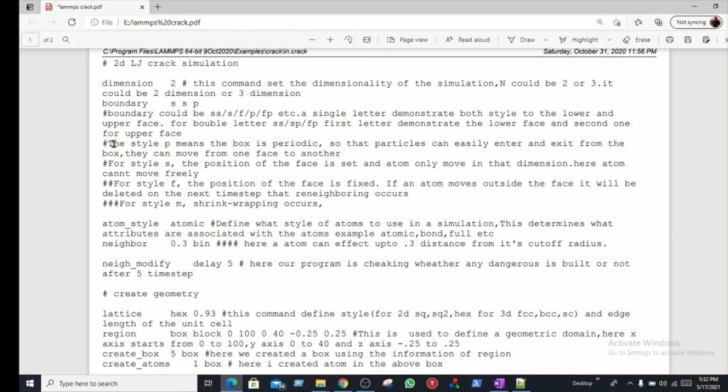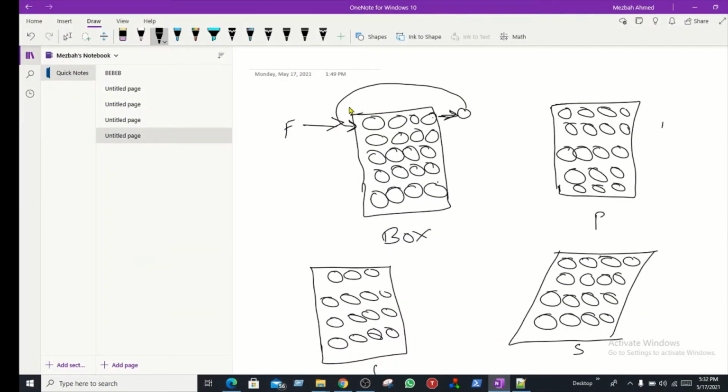The style p means the box is periodic, so the particles can easily enter and exit the box. They can move from one face to another. If I explain it, let's just imagine this is our simulation box, and there are many atoms here, and I am applying a force F here.